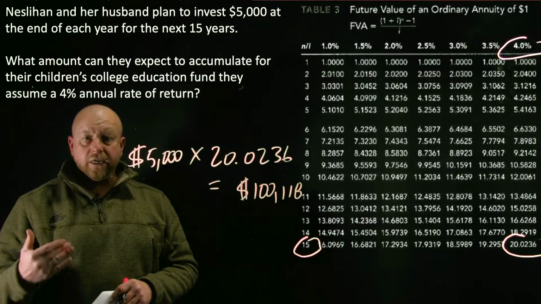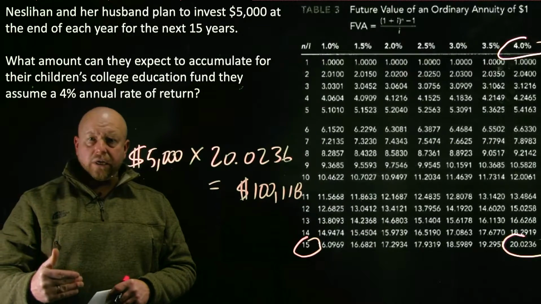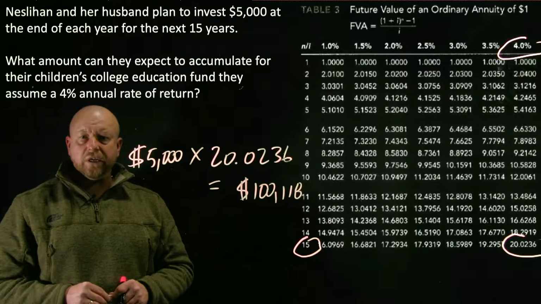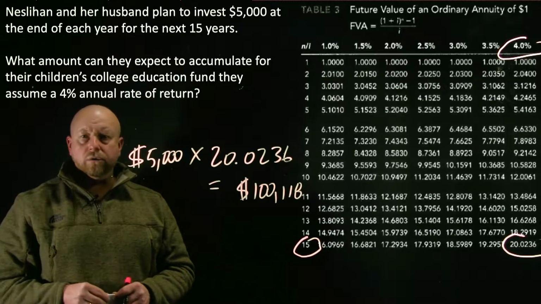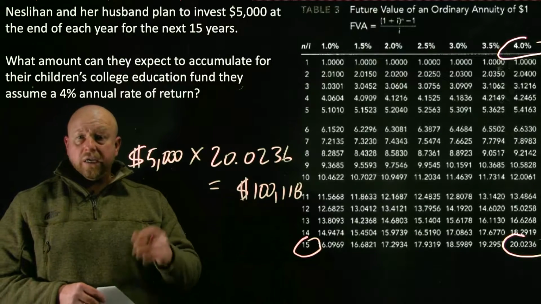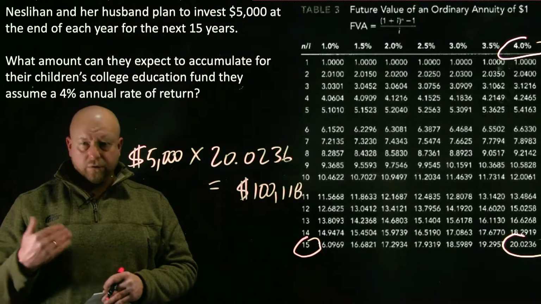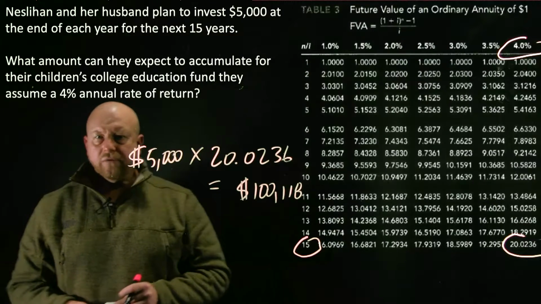So what we're basically saying here is $5,000 a year invested each year for 15 years with interest can be expected to grow to roughly $100,000 if the interest rate is 4%, or if the investment return of those investments is 4%.